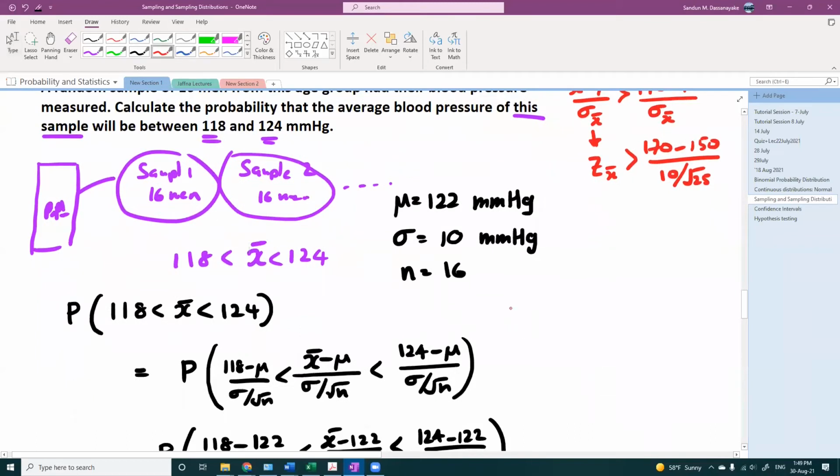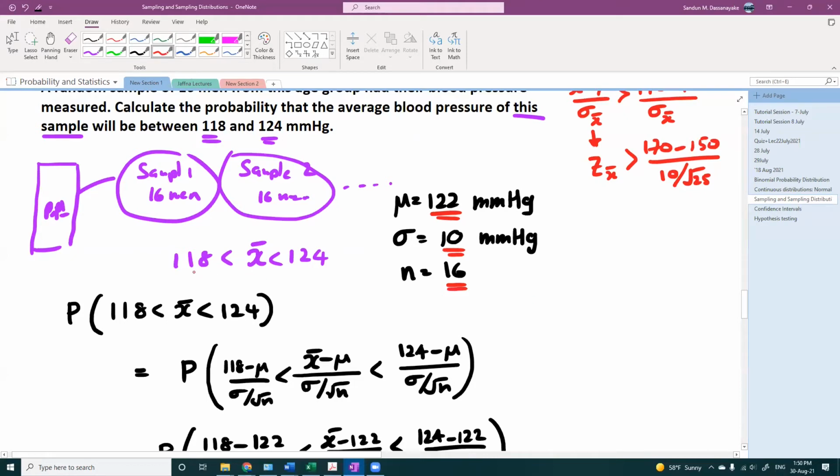This is a very good question. We know that mu is 122, sigma is 10 and the sample size is 16. These were given.